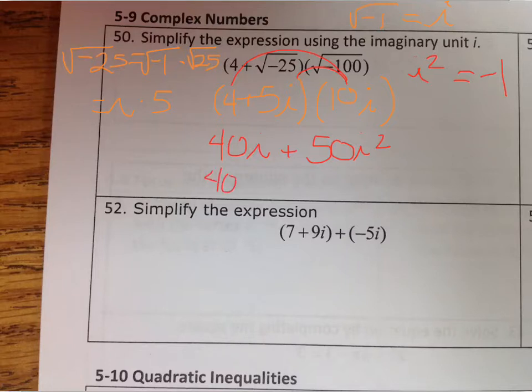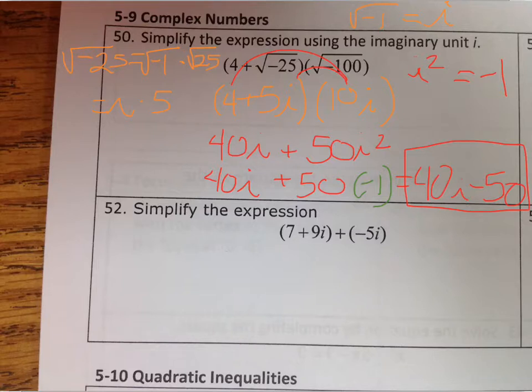So really what I have is 40i plus 50 times negative 1, which is 40i minus 50. That is your answer. So go ahead and do that one.